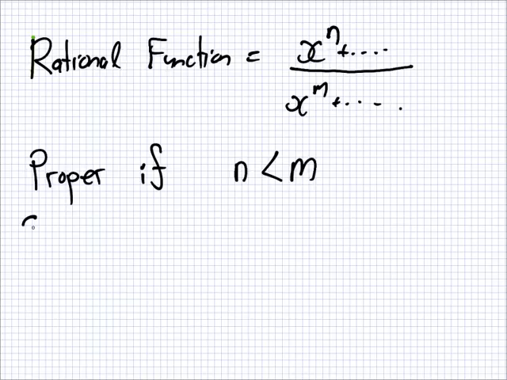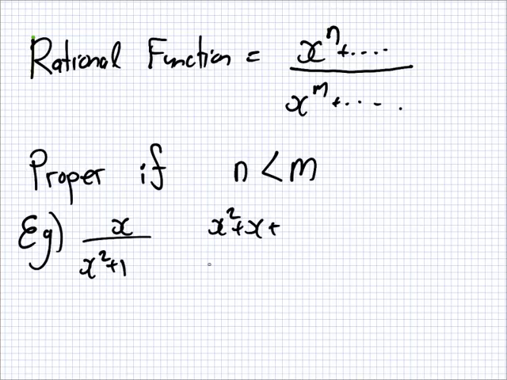So for example, this one is proper, this one is proper, this one is proper, because the power on the top is smaller than the power on the bottom. Okay.